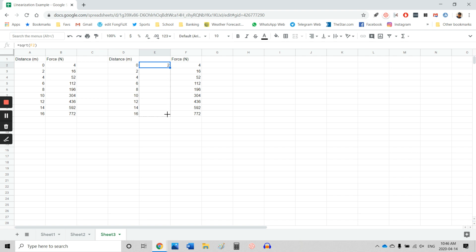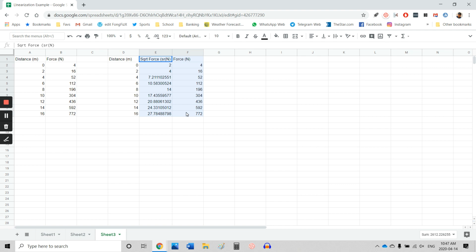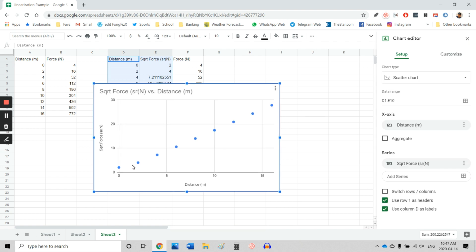And if we plot that, we should still get a straight line because now we have distance versus the square root instead of the distance squared like we did before. So let's graph it. Oops, distance versus the square root of force. And look, another straight line.